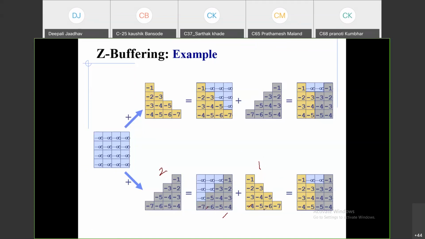Minus 5 compared with minus 6, minus 5 is largest, so it remains. Minus 4 compared with minus 7, minus 4 is largest, so it remains as it is. In this way, this one compared with this one, minus 3 is largest. Minus 5 is compared with minus 4, so minus 4 is stored here.